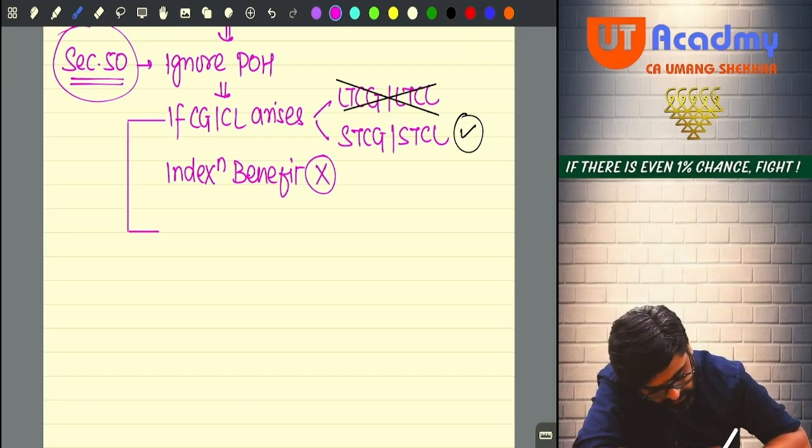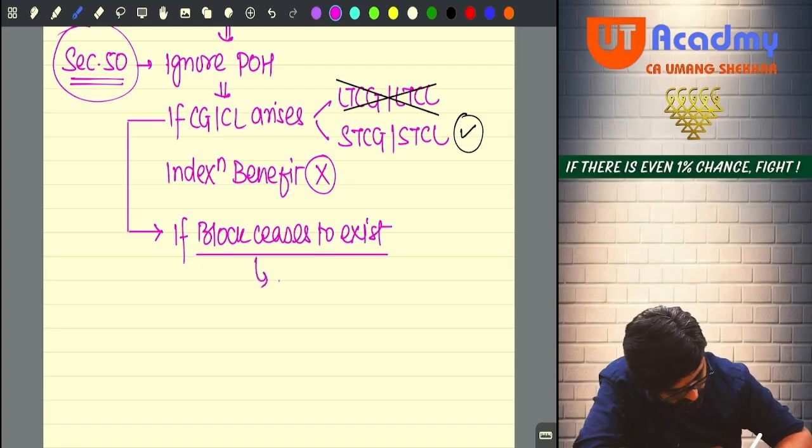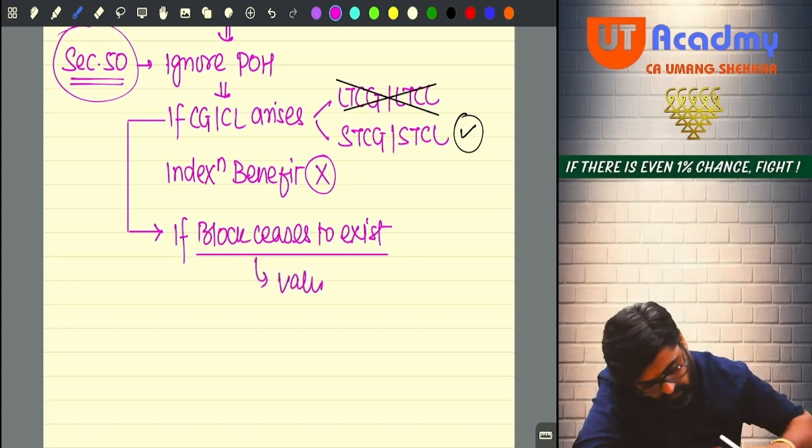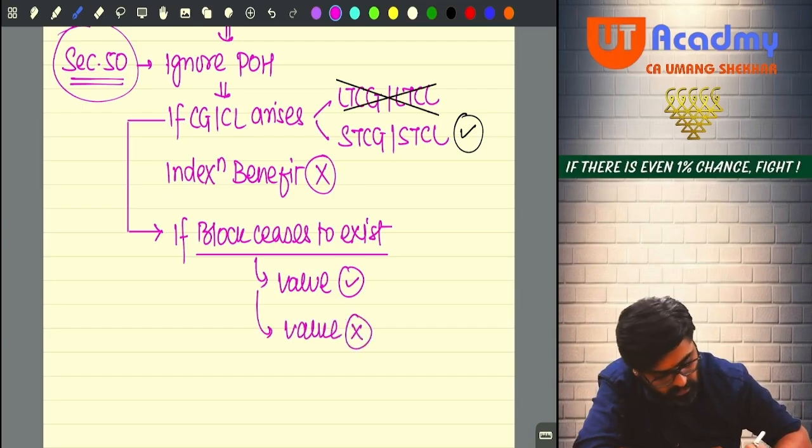Now, when the gain or loss will arise is also given in section 50. Gain or loss will arise if the block ceases to exist and value remains in the block, or value does not remain in the block.